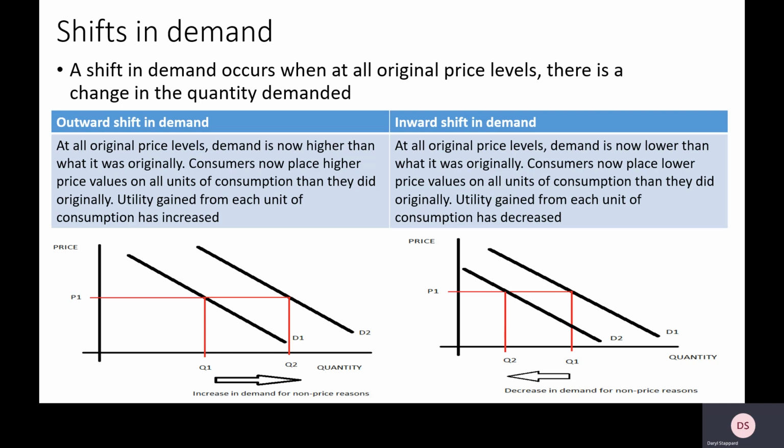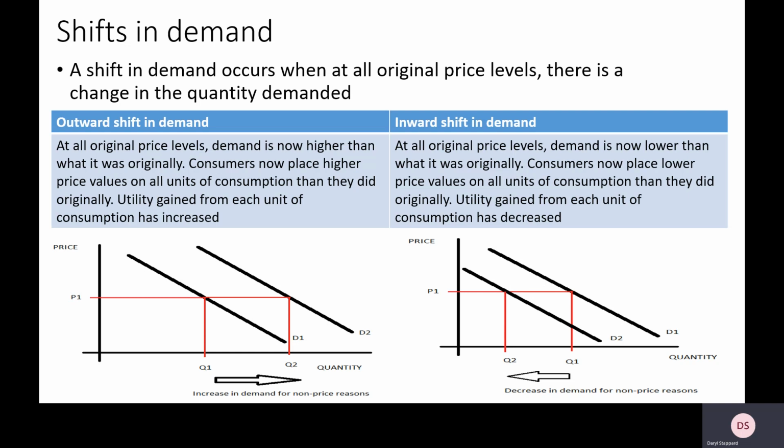Now, it's worth noting again that we can work out from this the total revenue for the business. If I start off where the two axes cross each other at 0, if I go vertically up to P1, and then horizontally across the demand one, and then down to Q1, that rectangle would show the original total revenue.